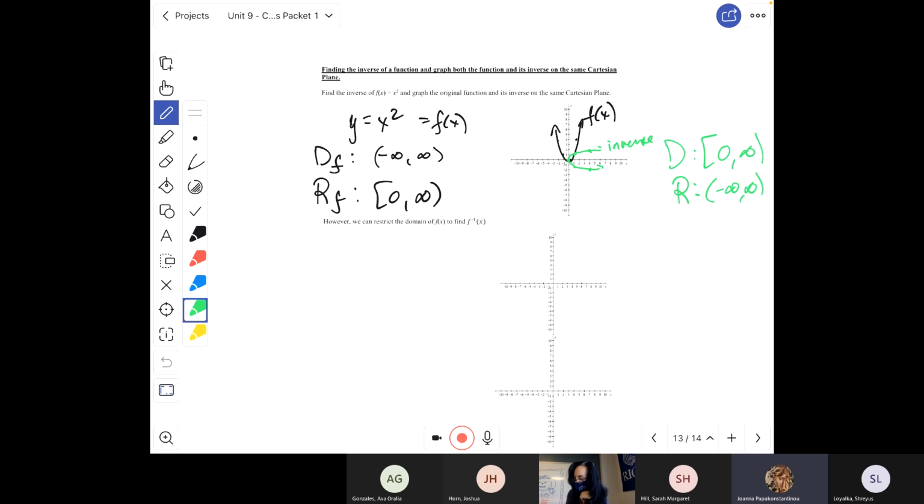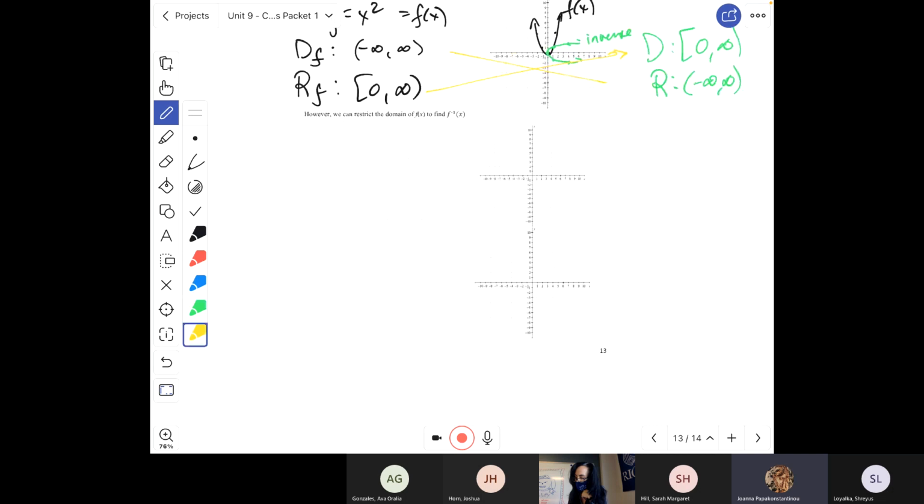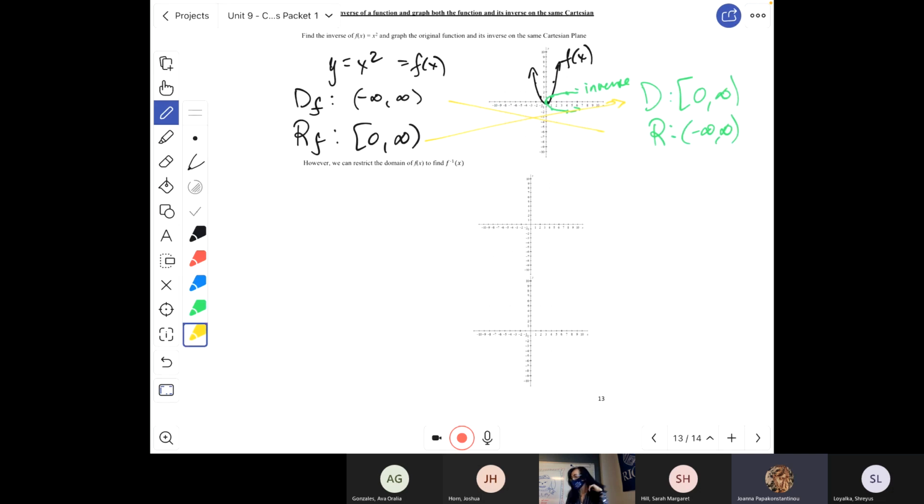And we should know that because of this relationship, right? So for the domain of the inverse, could you just do like d of f to the negative first? Yeah, but technically it's not an inverse function.